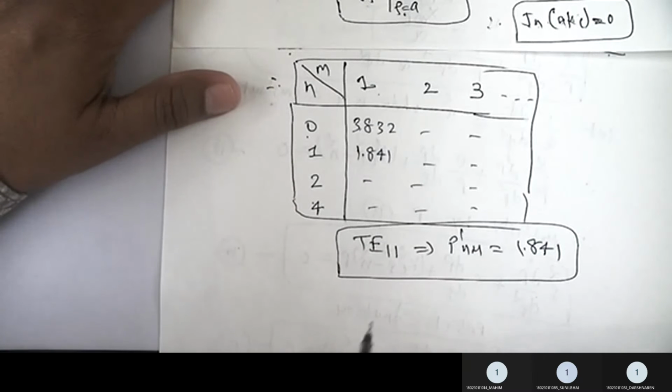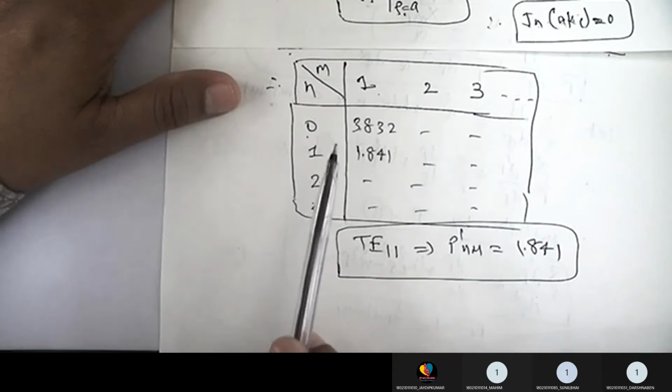So whenever we have the TE11 circular mode, the permissible prime value for that mode is 1.841.